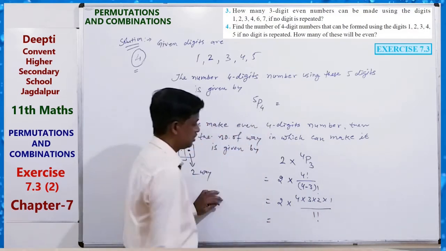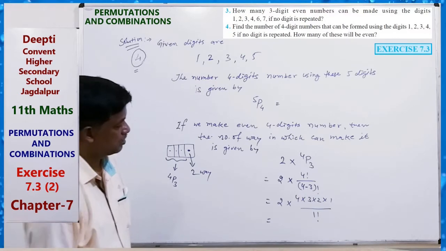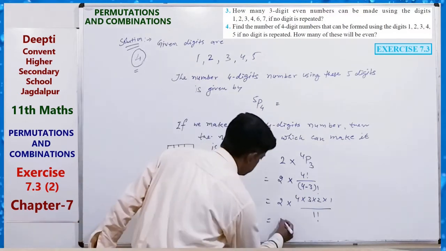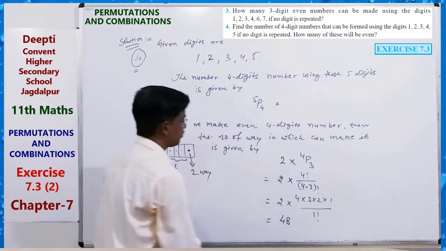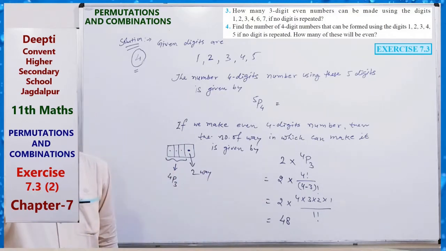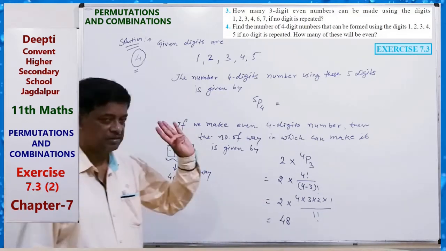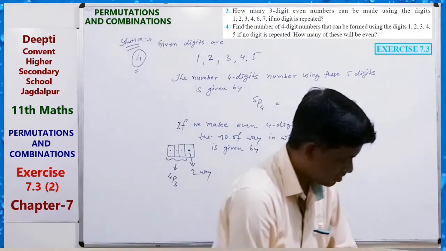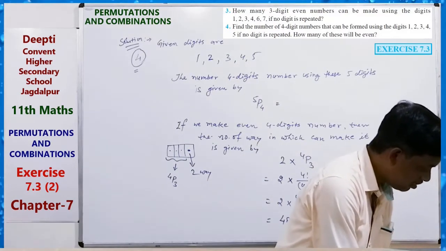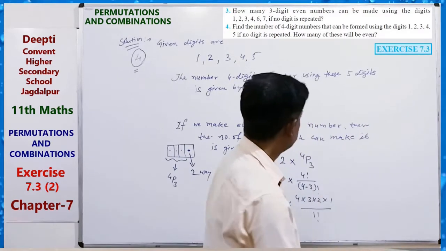So we can see that 48 even numbers can be made. Okay.